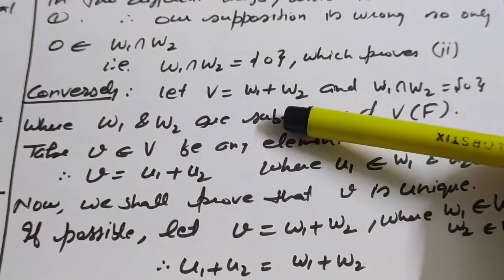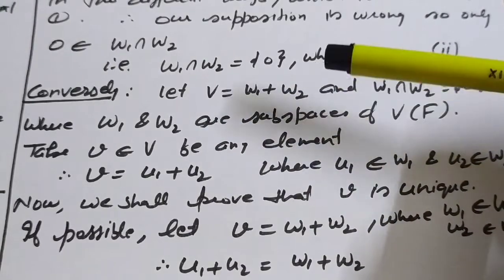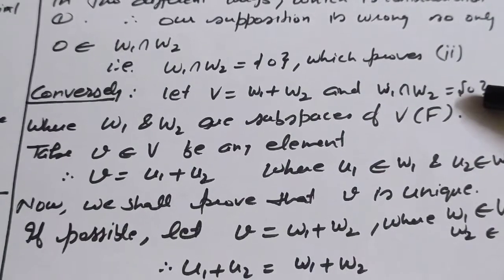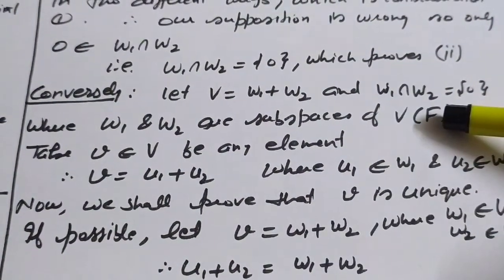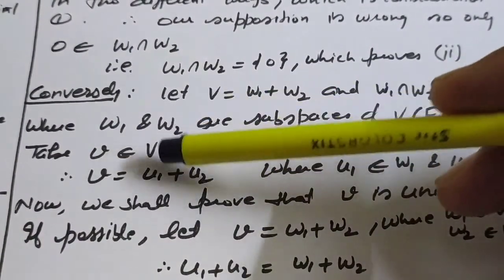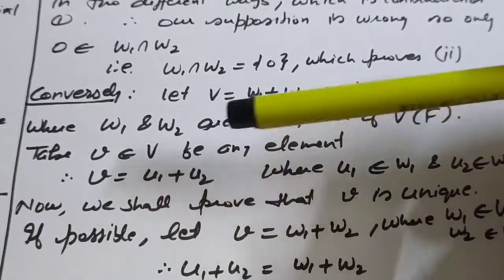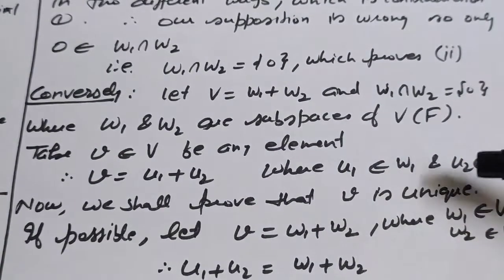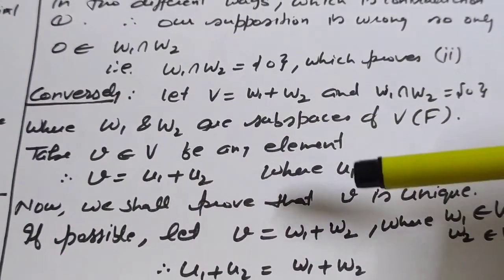So I start with the given condition that V is equal to W1 plus W2 and W1 intersection W2 is equal to 0, where W1 and W2 are subspaces of V(F). Now take any v belonging to V; then v is equal to u1 plus u2, where u1 belongs to W1 and u2 belongs to W2. Now I will prove that this representation is unique.